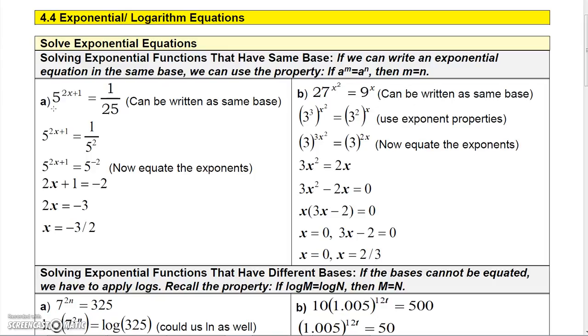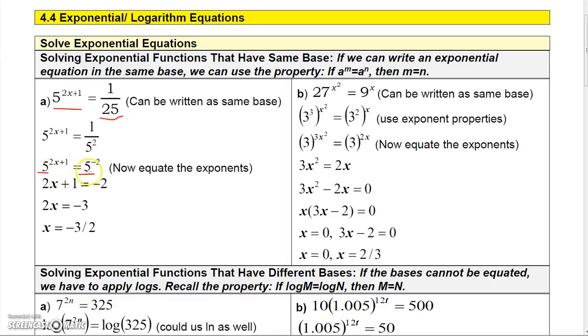equations. Like for instance here I have 5 to the 2x plus 1 equals 1/25. Well, 1/25 can be written as 1 over 5 squared, and then 1 over 5 squared can be written as 5 to the negative 2. So since I have the same base on each side, 5 to the 2x plus 1 equals 5 to the negative 2.